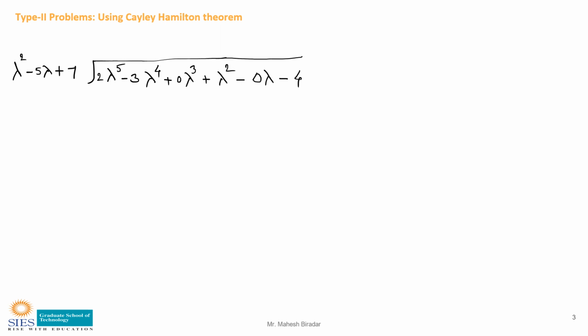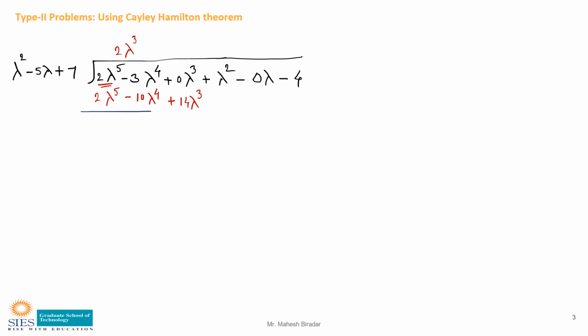So we need to match this 2 lambda raised to 5. For that, in the quotient part, I'm going to take 2 lambda cube. If I multiply here, 2 into lambda raised to 5 minus 5 times 2 is 10 lambda raised to 4 plus 7 times 2 is 14 lambda cube.